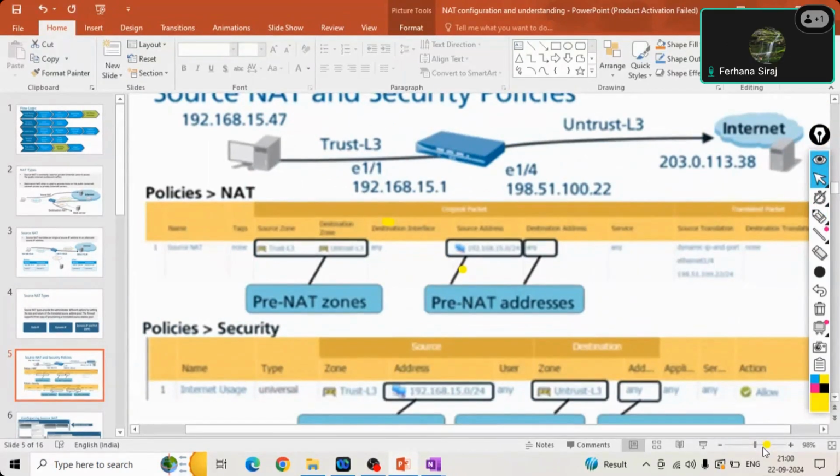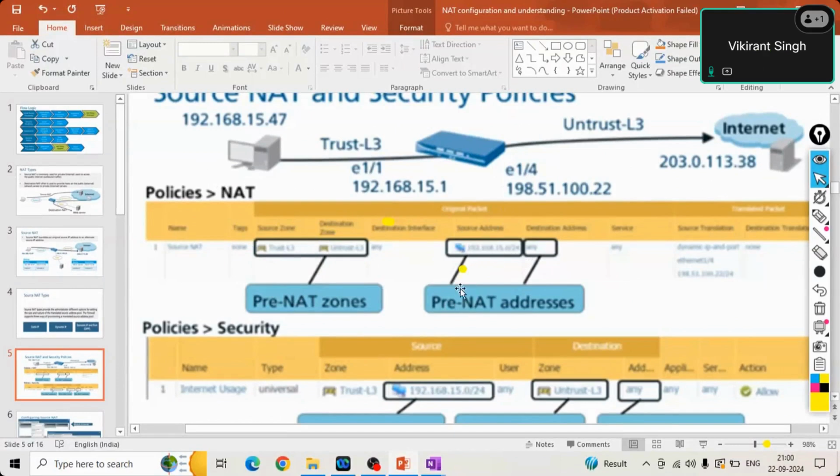I have an idea. So trust, untrust. This is 192.168.15.1/24. Any source IP. This is the original packet. So this is source IP, until unless we only know about source zone and destination. Now it is asking for source IP because we know source IP, it's our laptop, our LAN network.